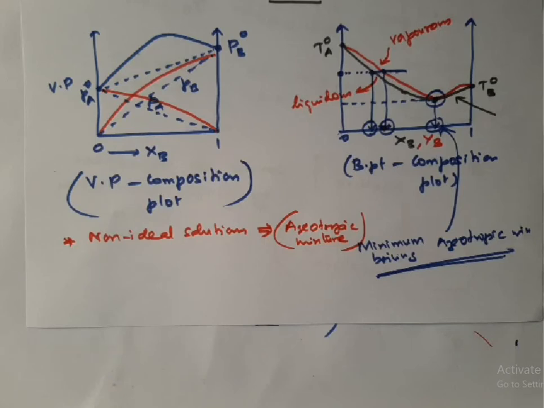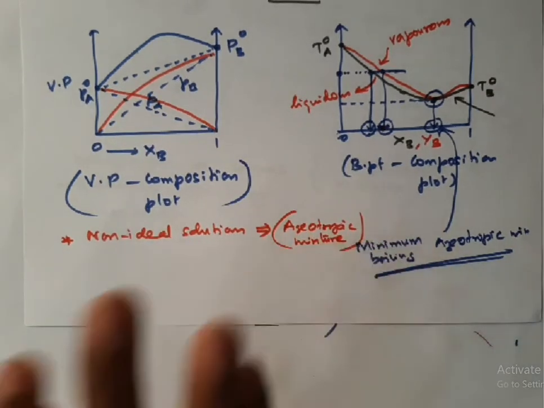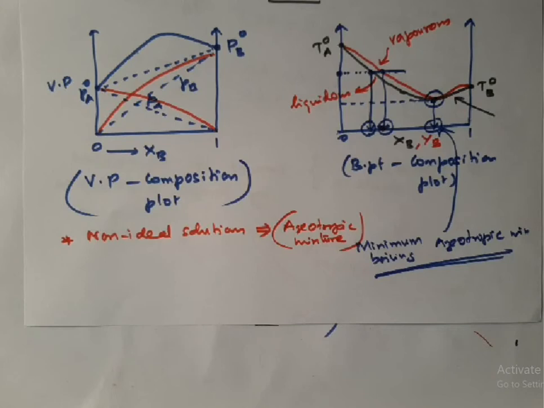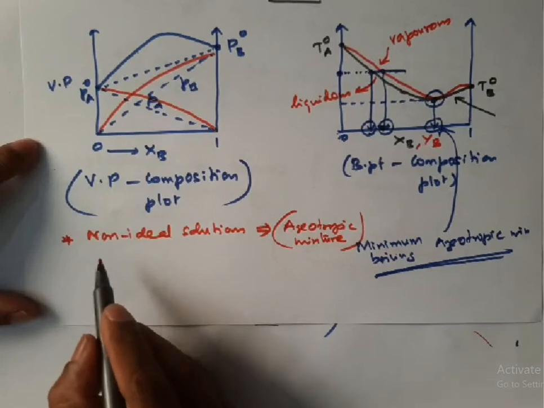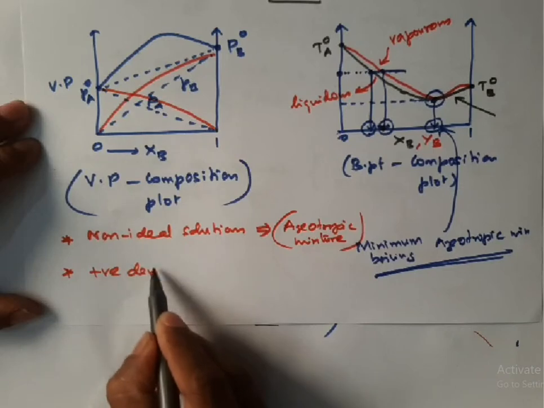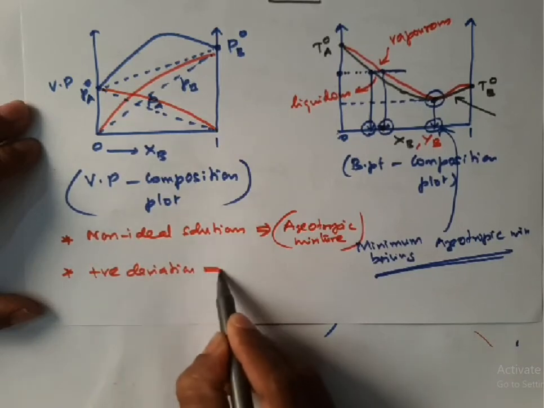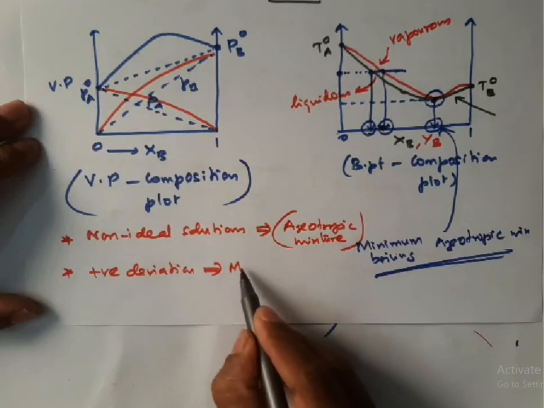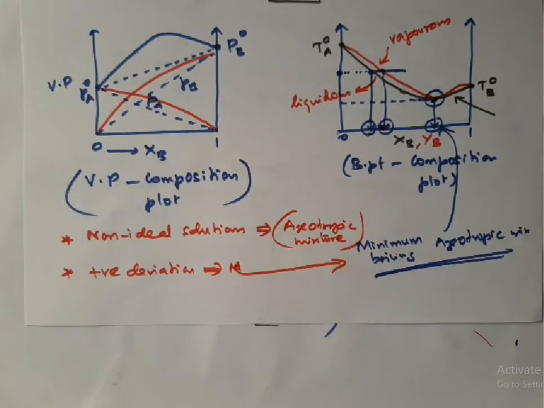If the deviation is large, those non-ideal solutions will usually form an azeotropic mixture. Now, if the non-ideal solution shows positive deviation, then you will get a minimum boiling azeotropic mixture. So for positive deviation you will get a minimum boiling azeotropic mixture.